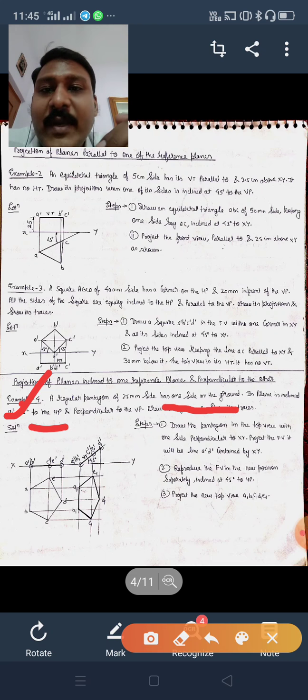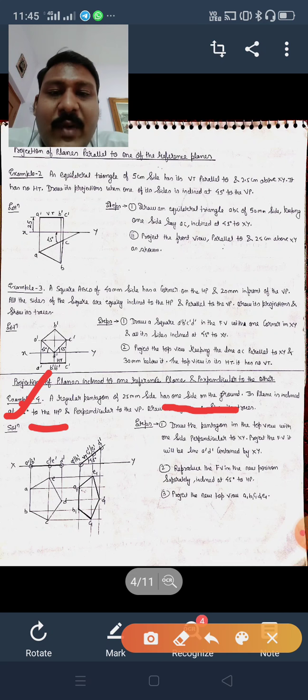Anything written in HP, you draw on the reference line and name it with dashes, because HP is front view, dash, and VP is top view, no dash. So you name it simply A, B, C if it is in VP, and in HP you name it A dash, B dash, C dash, likewise.